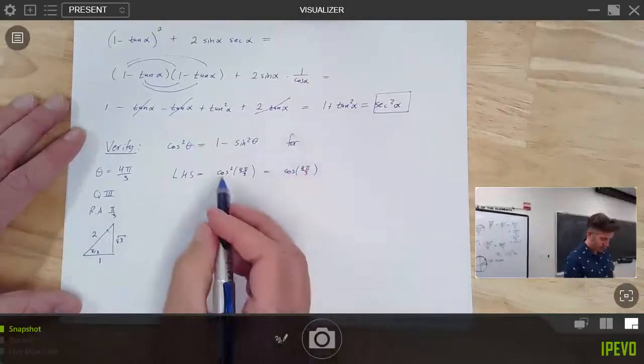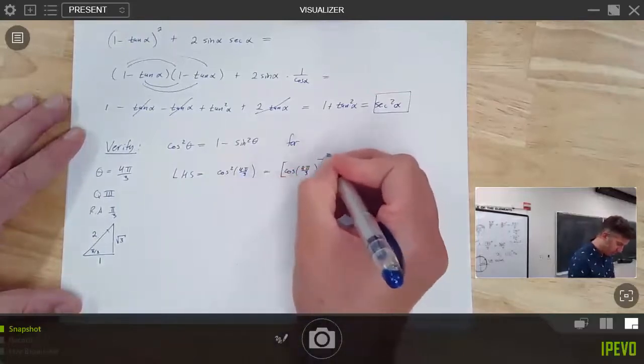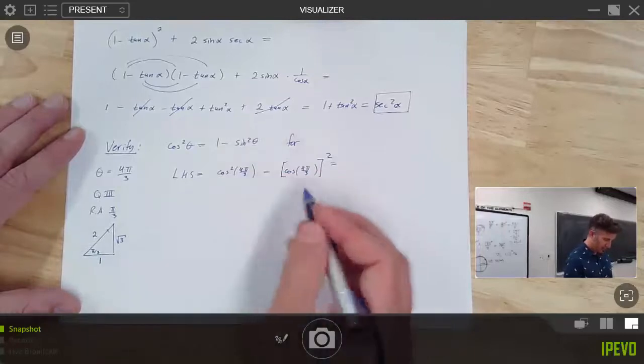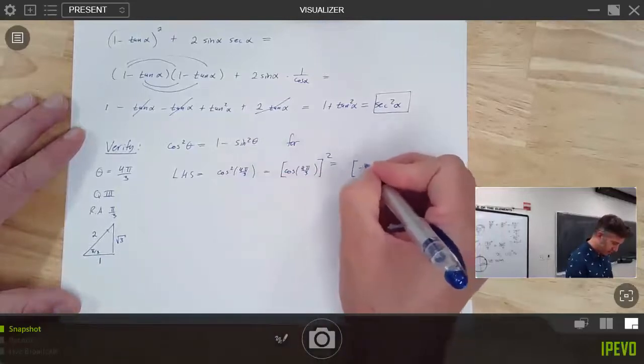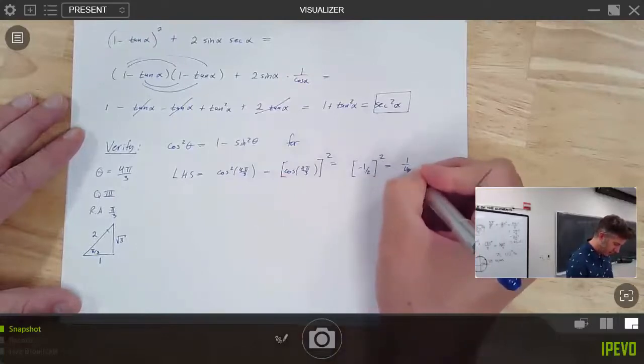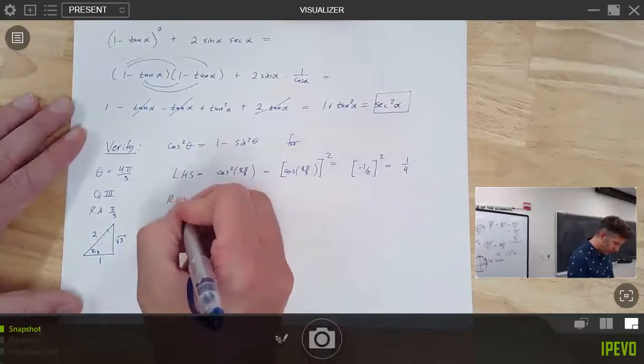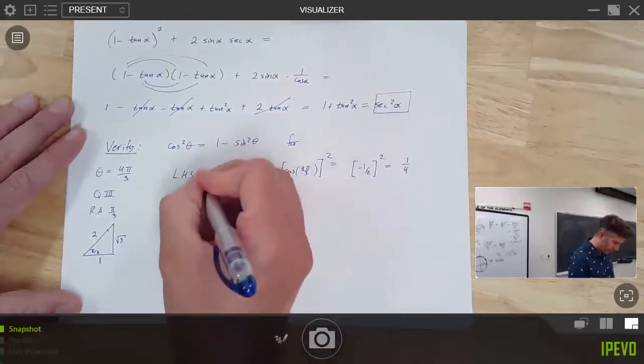I'm just going to remind you that cosine squared of 4 pi over 3 means cosine of 4 pi over 3, quantity squared. So cosine of 4 pi over 3 is negative 1/2, quantity squared, which will be positive 1/4.